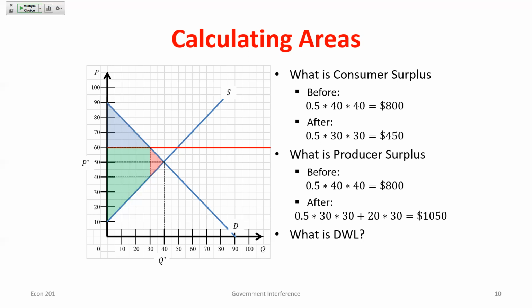It goes from 60 to 40, so the height would be 20, right? The difference between those two. What's the base? Well, it starts at 30, goes to 40, or how many fewer units am I selling now? 10. So 10 times 20, and it's a triangle, so times 1/2 should just be 100.